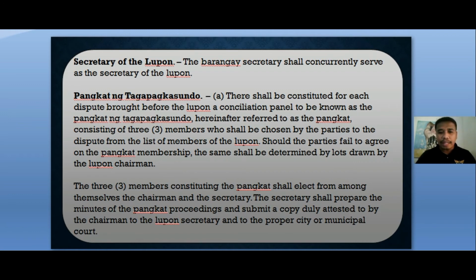But if in case they cannot agree in the selection of the conciliation panel, it will be by a draw lot system. So a lottery system, they draw lots to determine who the three will be for the pangkat tagapagkasundo. So the pangkat tagapagkasundo or the conciliation panel will be the one to settle the dispute.